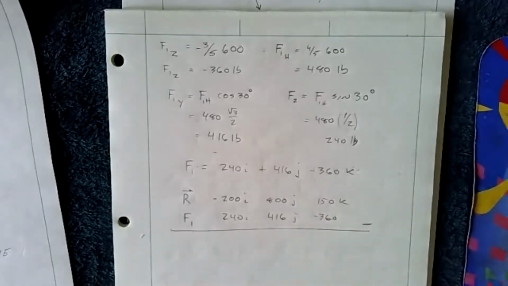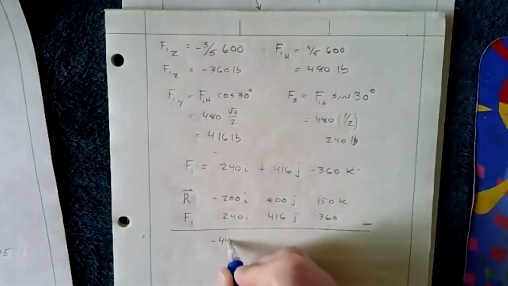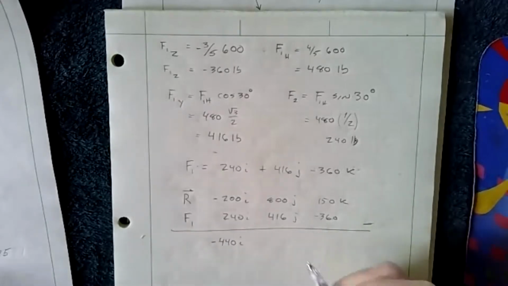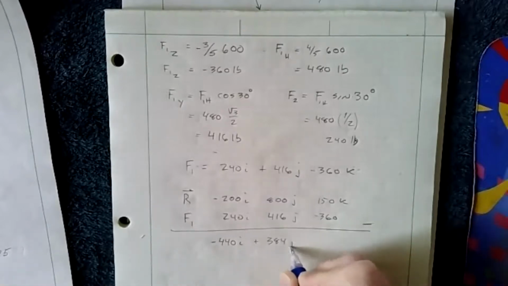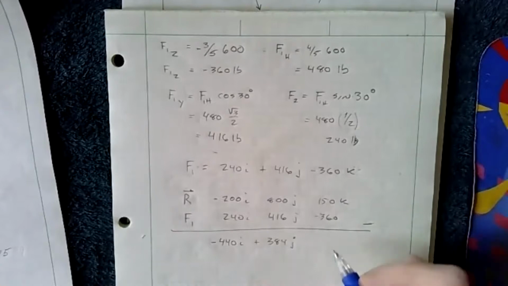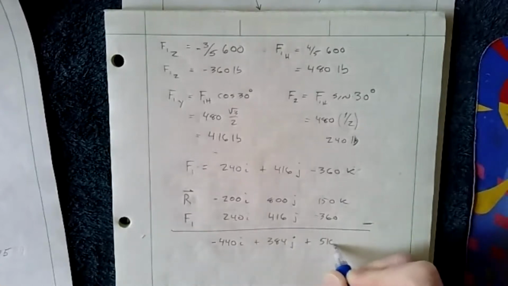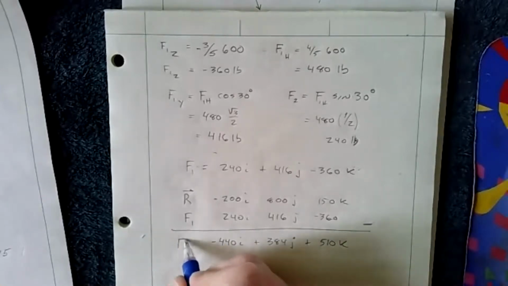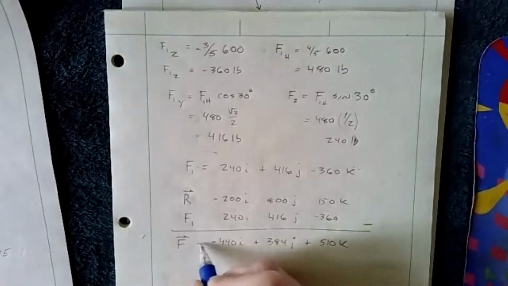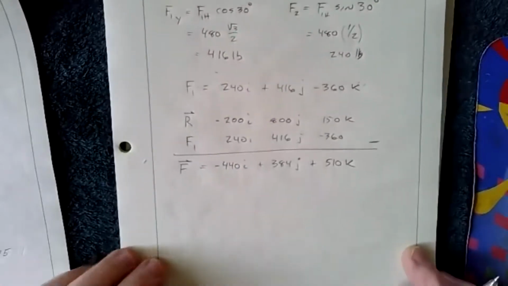We have to subtract. So what do we get? We get negative 440i plus 384j plus 510k. So this is F, big bad F. Now that we have that, we can find our angles and we're done.